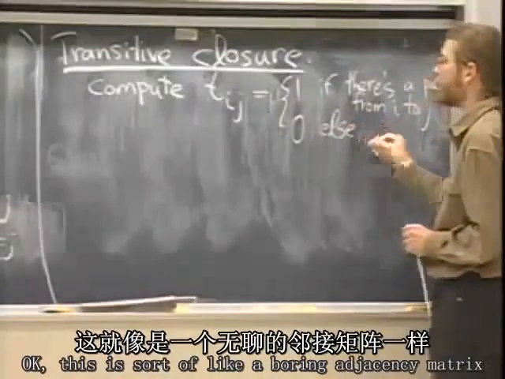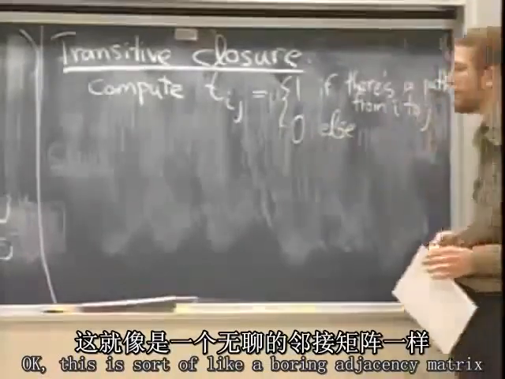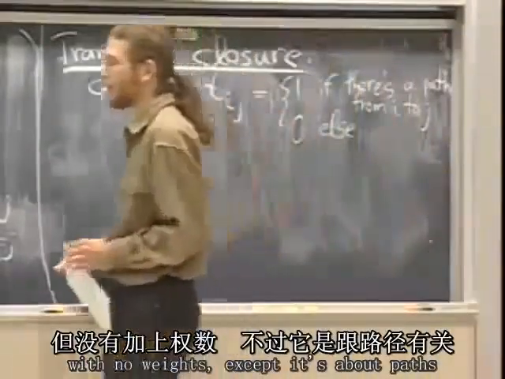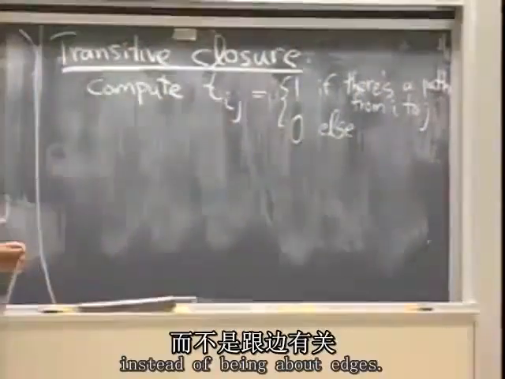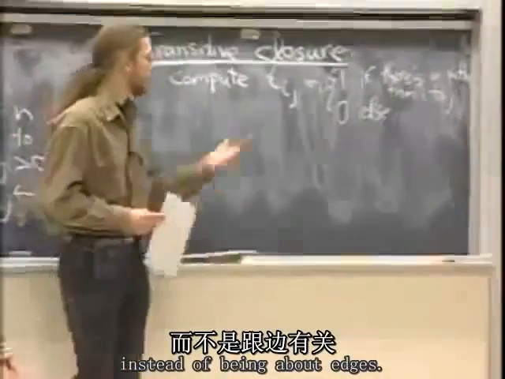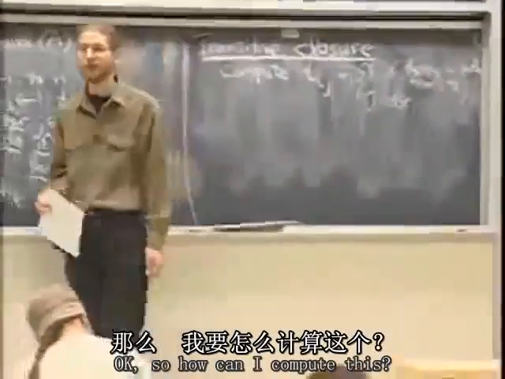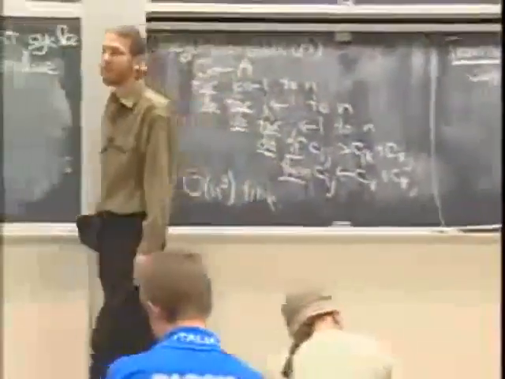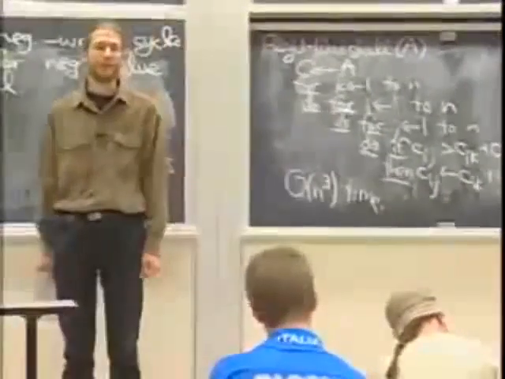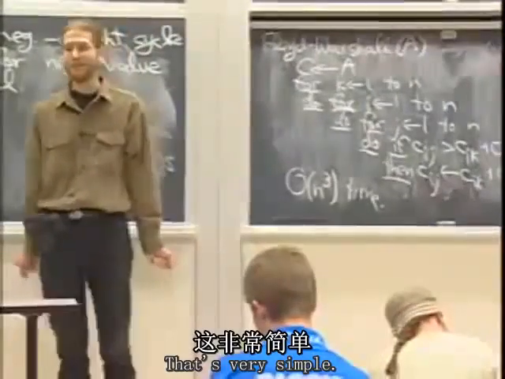This is sort of like a boring adjacency matrix with no weights, except it's about paths instead of being about edges. So how could I compute this? That's very simple.